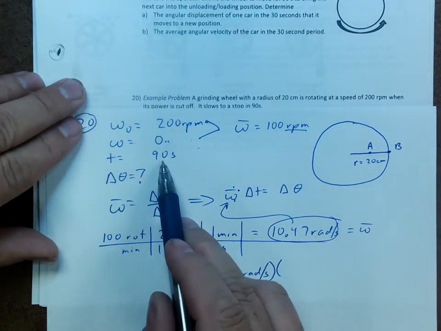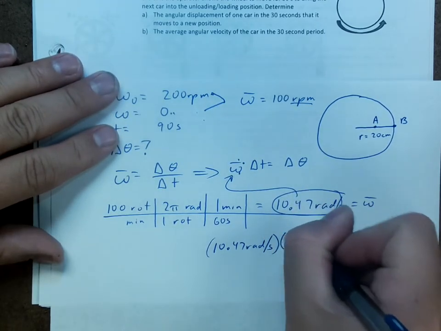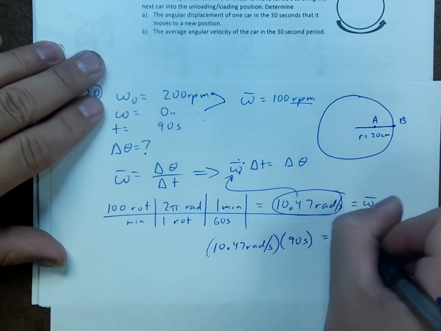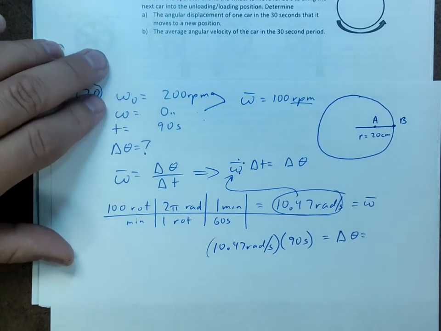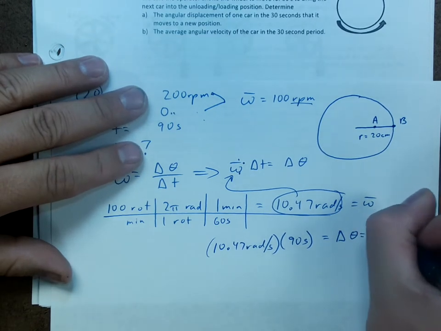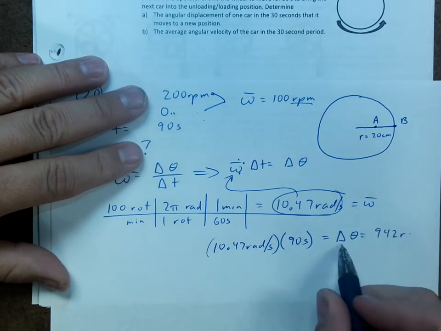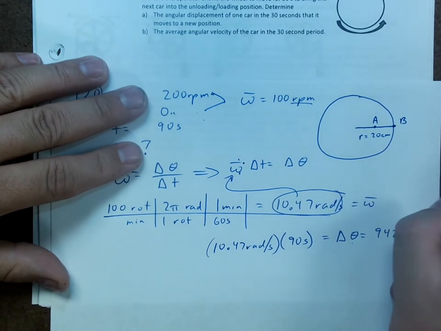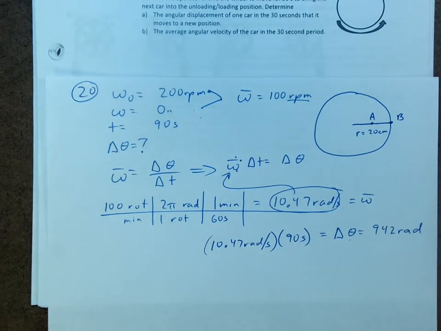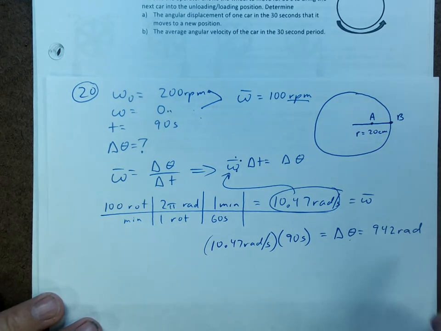We slow down over a time of 90 seconds, so you multiply that by 90, and you get an angular displacement of 942 radians per second. Or excuse me, 942 radians. I keep wanting to make this a velocity. Sorry.